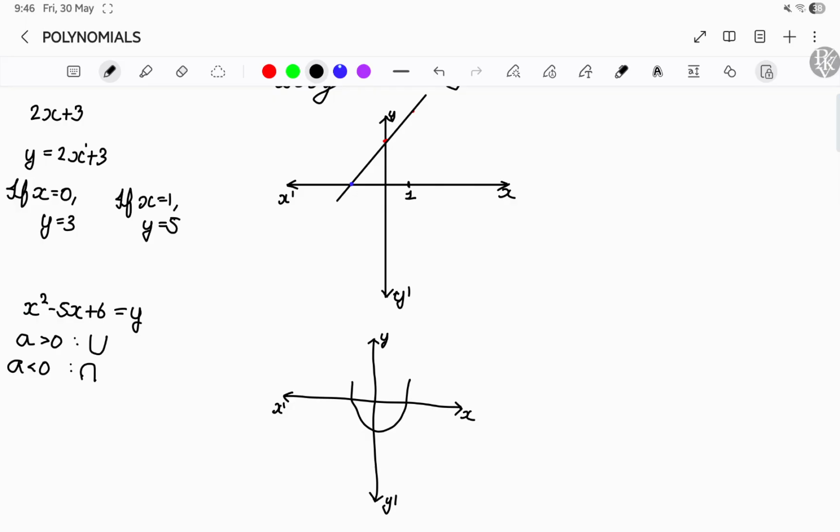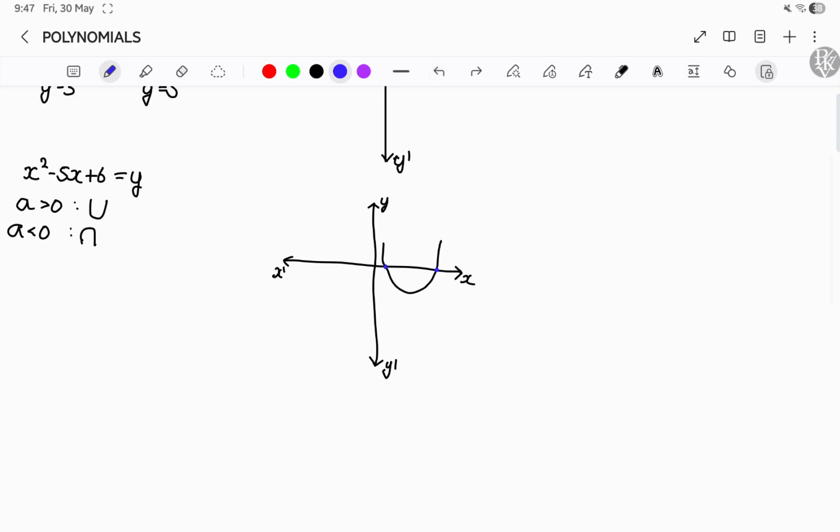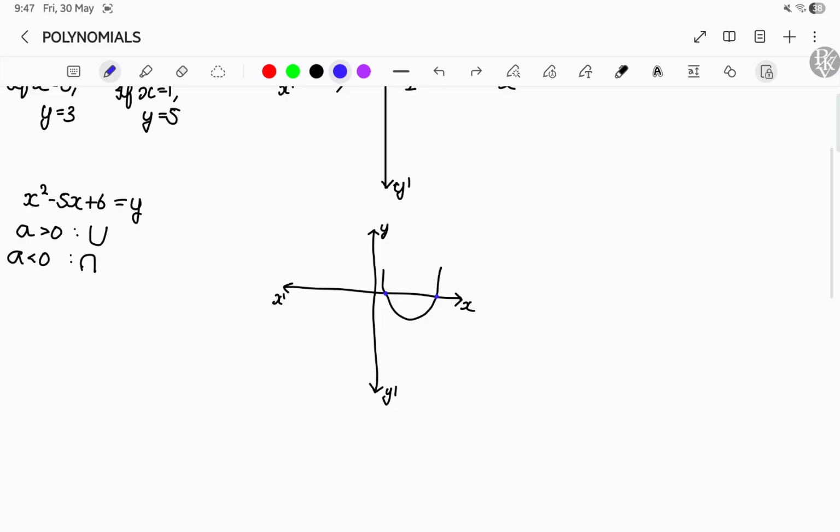Note that. My mistake, the points where the parabola crosses the x-axis are 2 and 3 for this specific polynomial. You don't need to worry about how we got that for now.